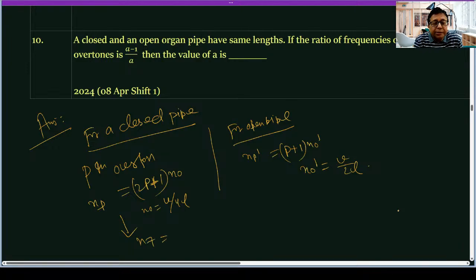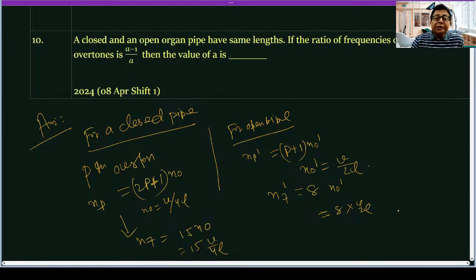So here it is 2 into 7 plus 1, that is 15 N0, and here N7 dash will be 8 N0 dash. N0 is V by 4L, and N0 dash is V by 2L. Now the ratio of the frequency, closed first, we have to find N7 by N7 dash.